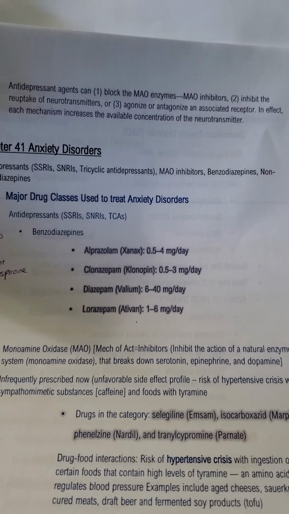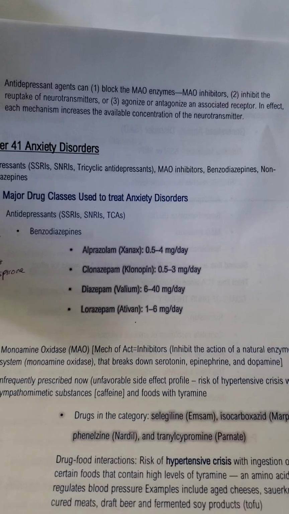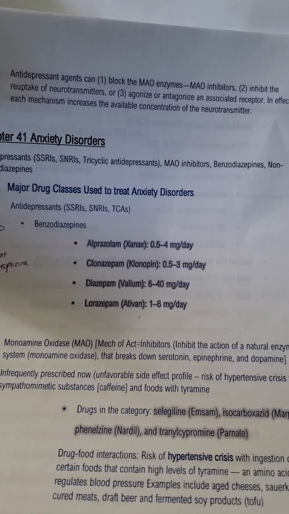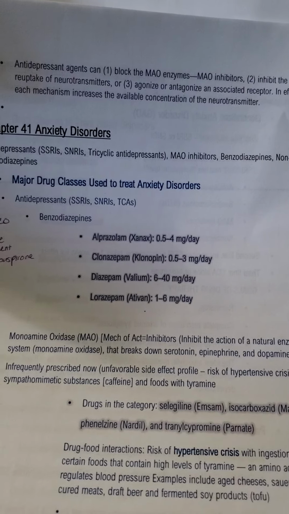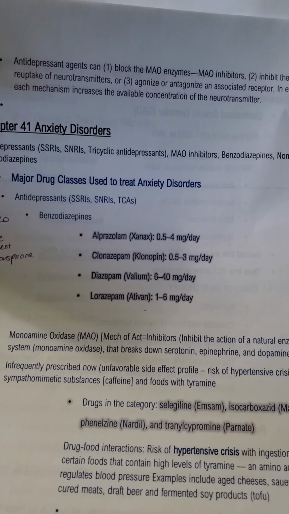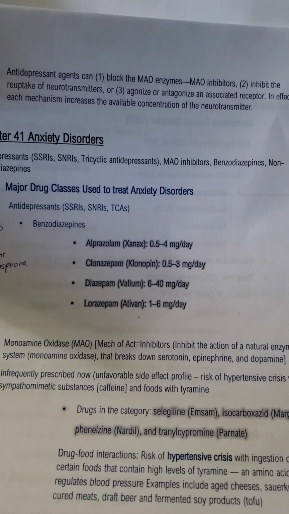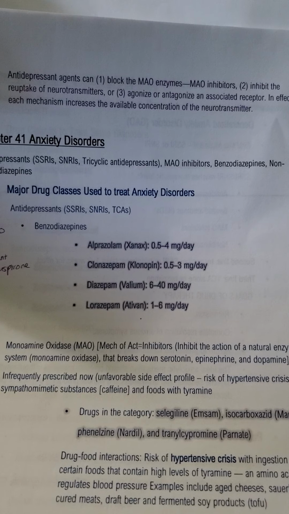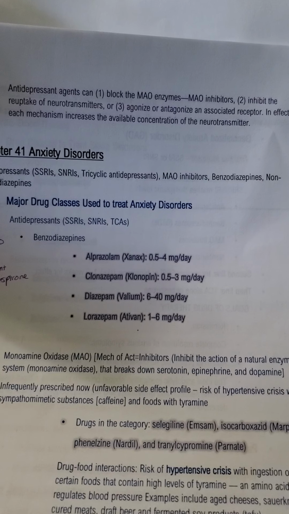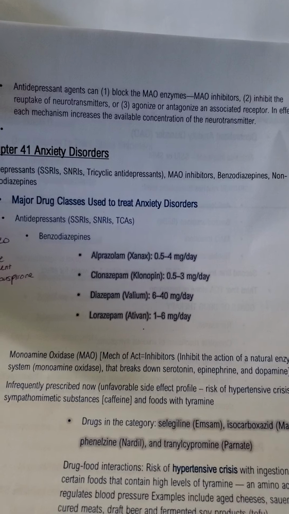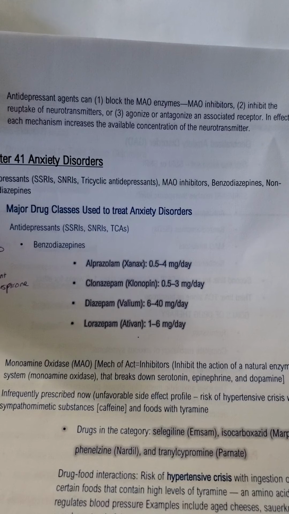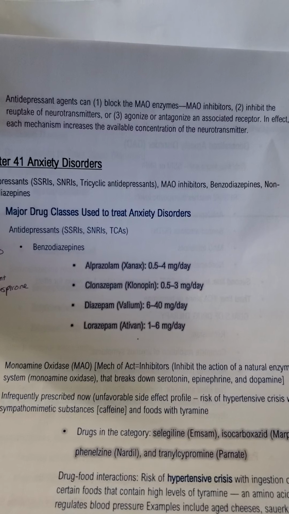MAOIs, which inhibit the action of the natural enzyme system, the monoamine oxidase that breaks down serotonin, epinephrine, and dopamine. They are infrequently prescribed now, and they have unfavorable side effects and the risk of hypertensive crisis with sympathomimetic substrates, caffeine, and foods with tyramine.